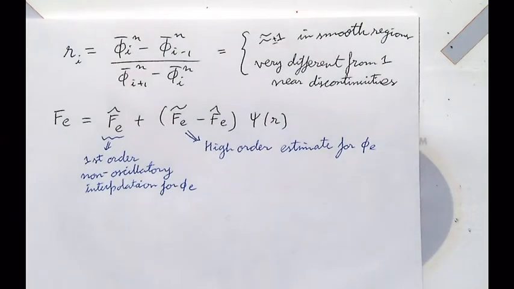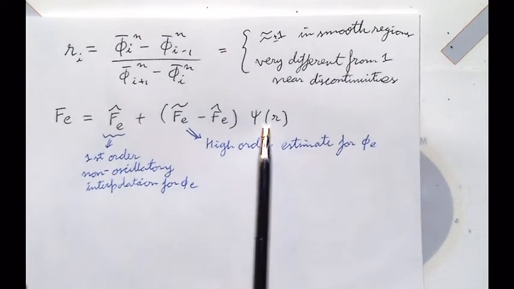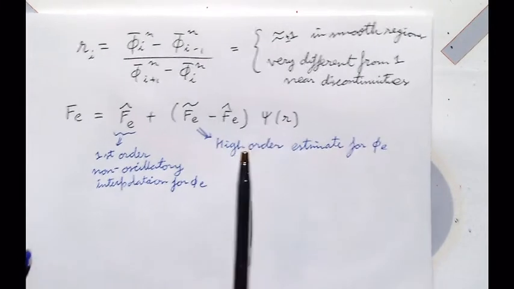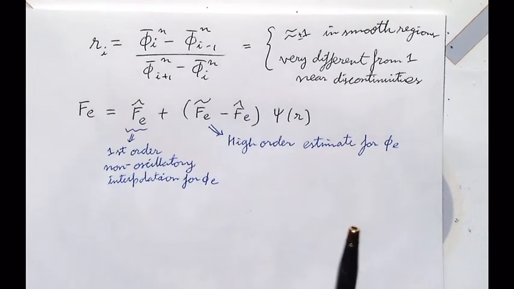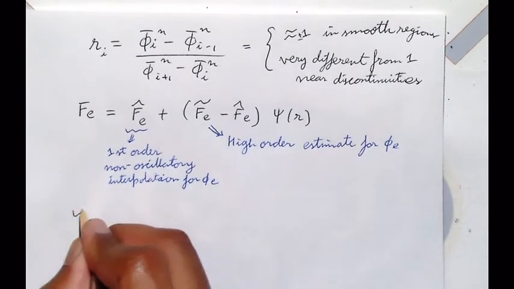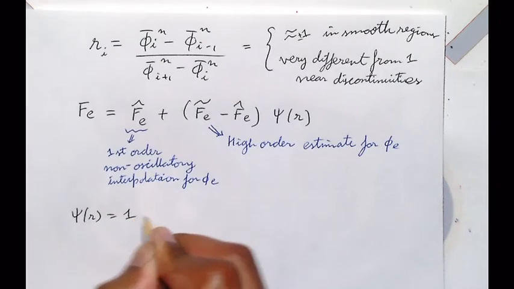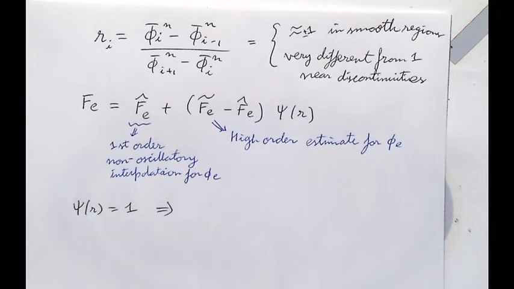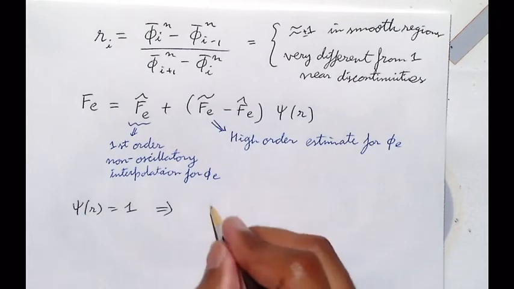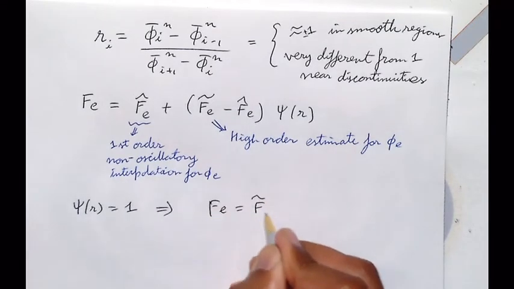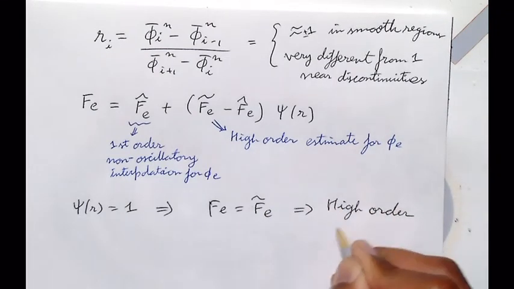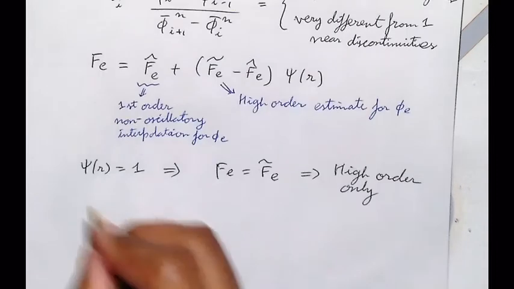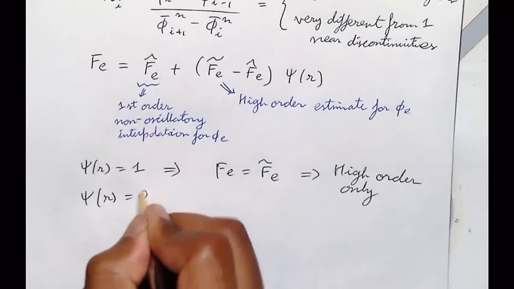And the C acts as the switch. If C is equal to 1, what do we get? F E is equal to F tilde E, which means high order only. And if C of R is equal to 0, what do we get?